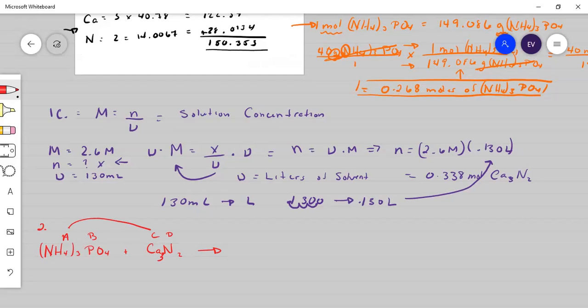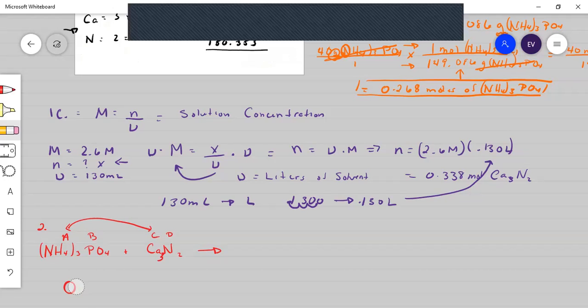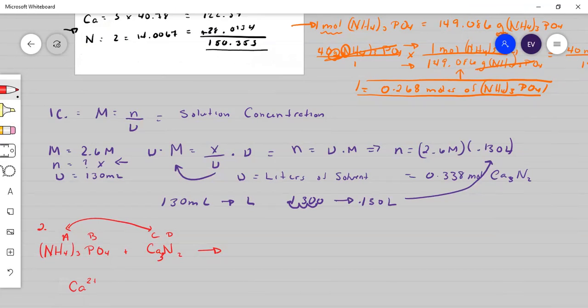So when I have a double replacement, these two guys just swap places. So what happens is the calcium, instead of being bonded to nitrogen, is now going to bond to phosphate, right? So calcium has a 2+ charge that we saw earlier, and phosphate has a 3- charge, right? This guy becomes the subscript here.